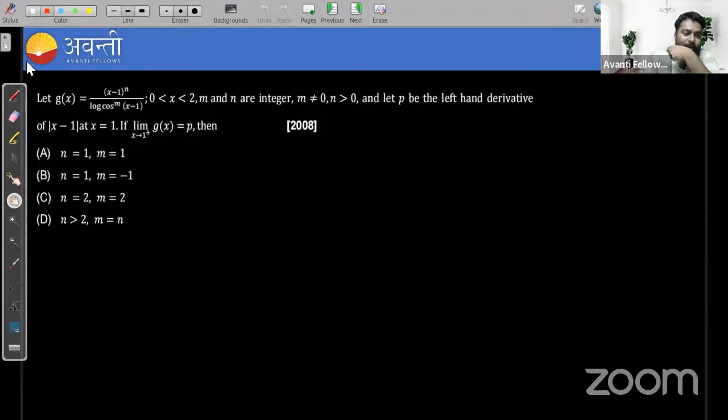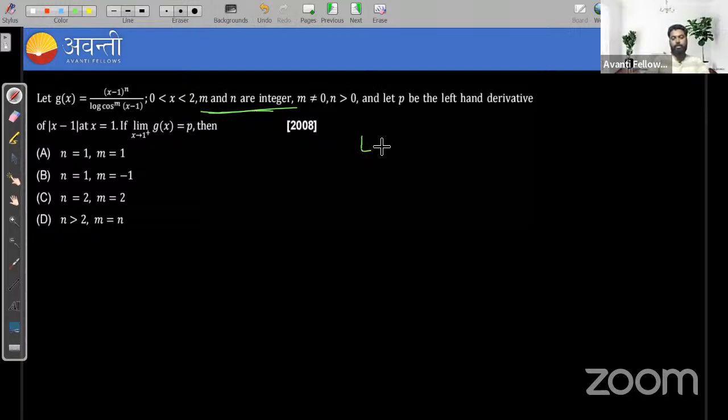Here it is asking g of x, and x is lying between 0 to 2. Okay, and m and n are integers. m is not equal to 0, n is greater than 0, and let p be the left hand limit, left hand derivative of mod of x minus 1 at x is equal to 1.